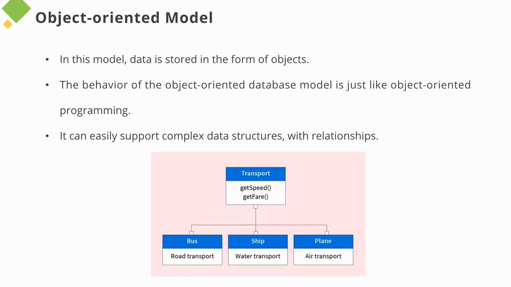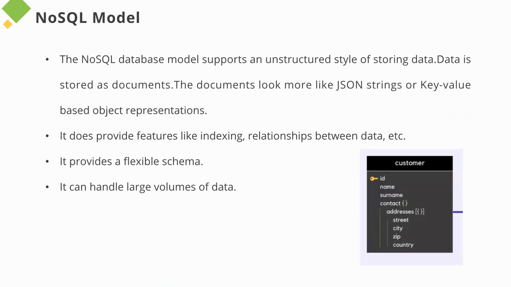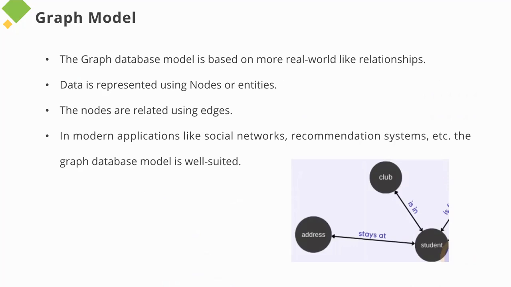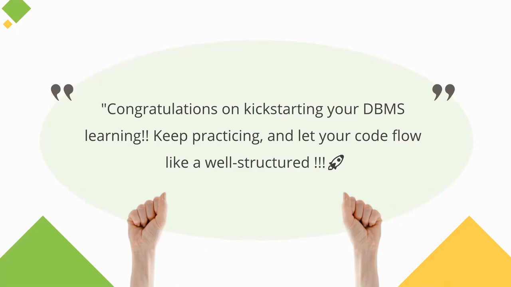An object oriented model, same as object oriented programming, where we use complex data structures, and a child uses the same functions of its parent class. NoSQL model, where documents are stored, more like JSON strings. And the graph model, where we have nodes and edges. Nodes are also called entities, and edges are used to link them.